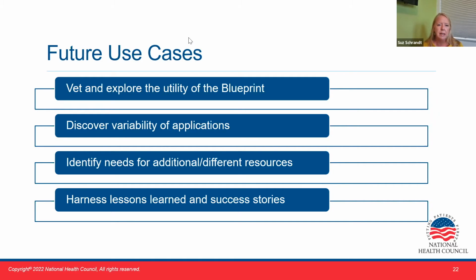Maybe how the process and the resulting core impact set could vary between a US-based or US-focused patient group and international groups. And we anticipate that the diversity in the applications of the blueprint and then the resulting core impact sets will generate a great deal of learning. And so we really look forward to that.